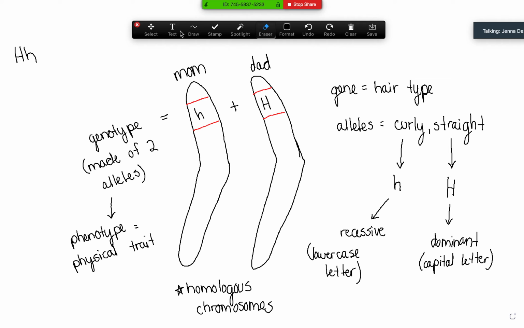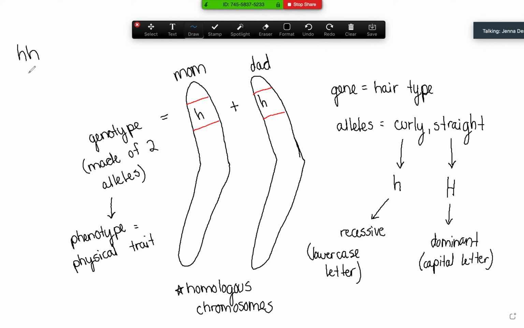Okay, we can also have a situation where the alleles are the same. So instead of having a capital H and a lowercase h, let's say I have two lowercase h's. So both mom and dad had an allele for curly hair that was passed down to the offspring. Okay? So these alleles together would make up the genotype, and that genotype determines the phenotype. So the genotype here would be a lowercase h and a lowercase h.